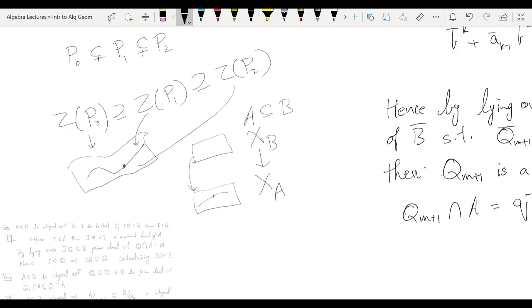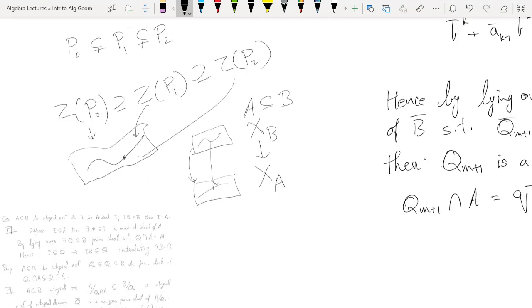Then the first step says that you can find a curve here whose image is going to be this curve, and you can find a point on that curve whose image will be this point if you have an integral extension. So this is what the going up theorem says. This is the geometric meaning of the going up theorem.